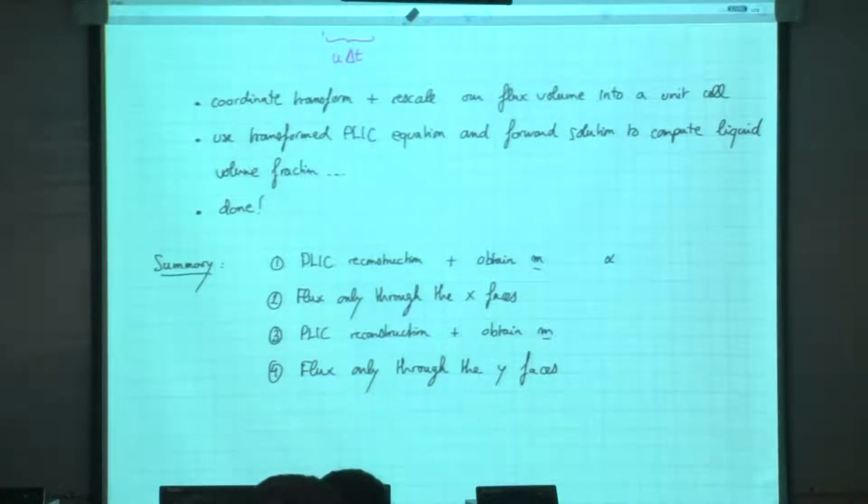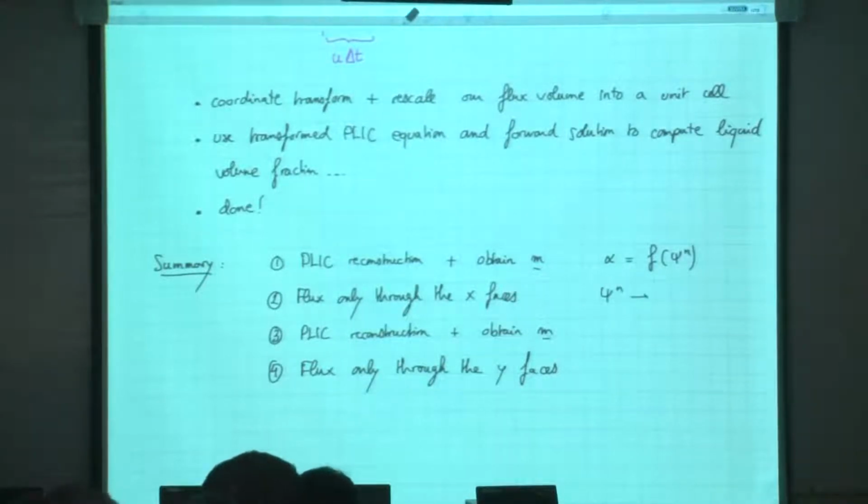This alpha is obtained as a function of our psi at time n. This takes us from psi at time n to psi star. This gives us a new alpha from psi star, and this takes us from psi star to psi n plus 1.